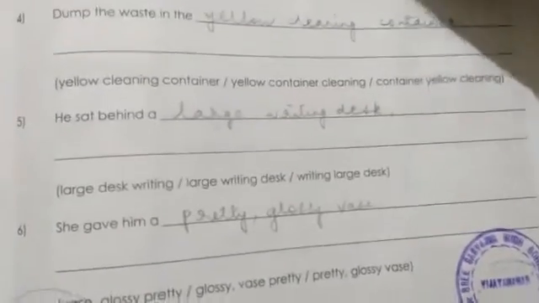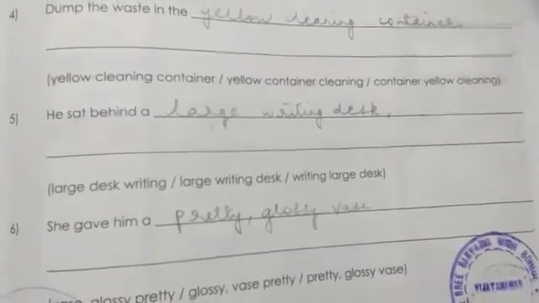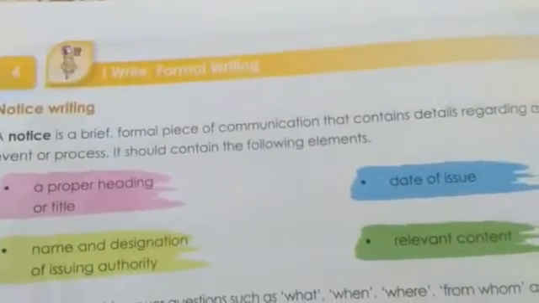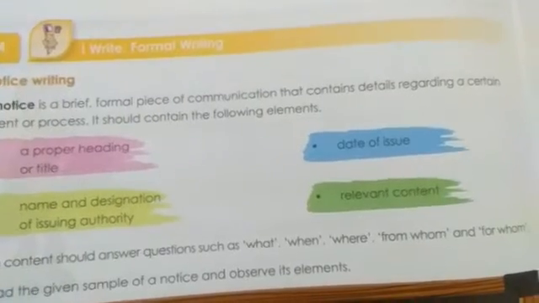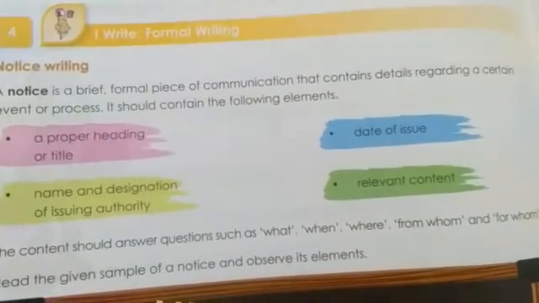Okay, children, we'll move on to the next part of your module, that is notice writing. How to write a notice. What is a notice? A notice is a brief formal piece of communication that contains details regarding a certain event or process.